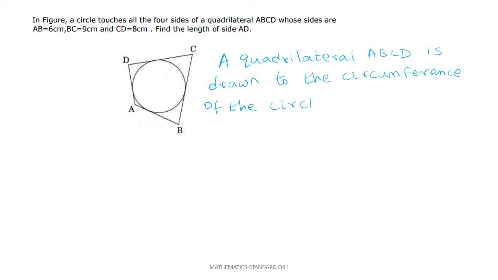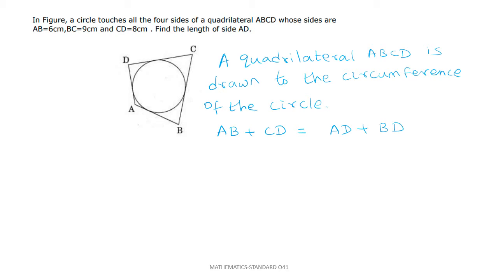And this is a very important theorem. At least one problem will come related with this theorem, children. So remember this always. And it is a very easy theorem. So what is it? The opposite sides, when you add, they are equal. AB plus CD is equal to AD plus BC. That's it.